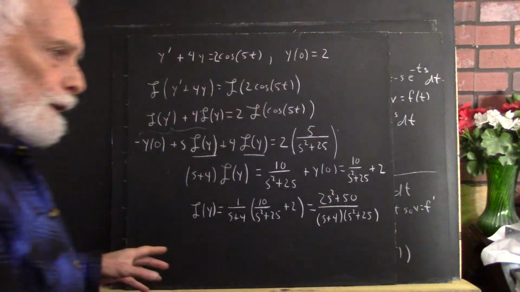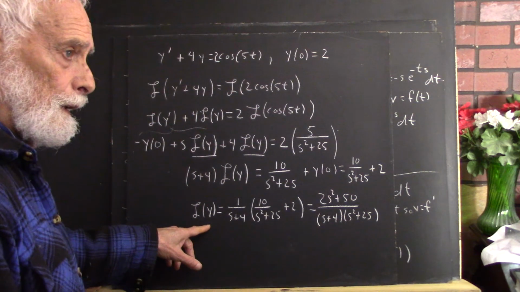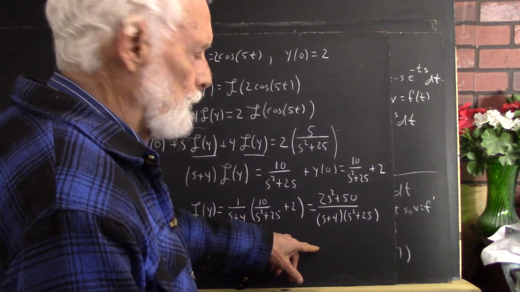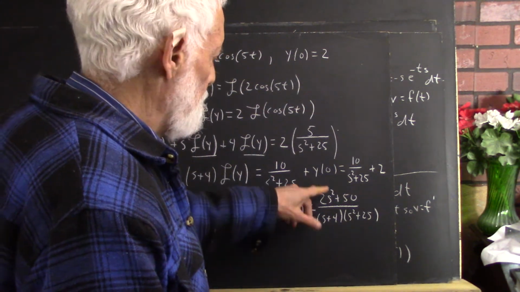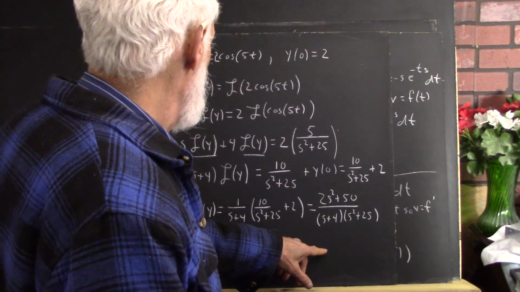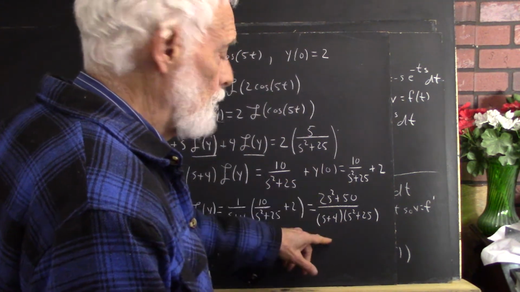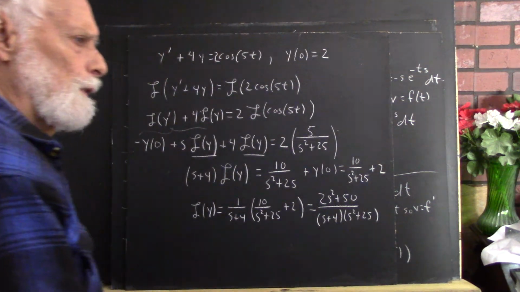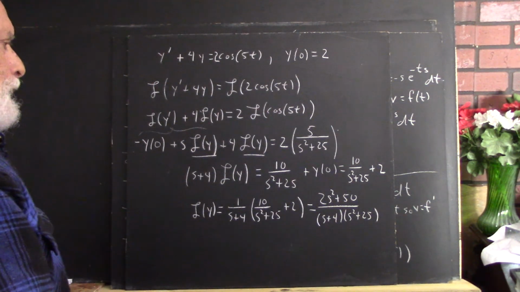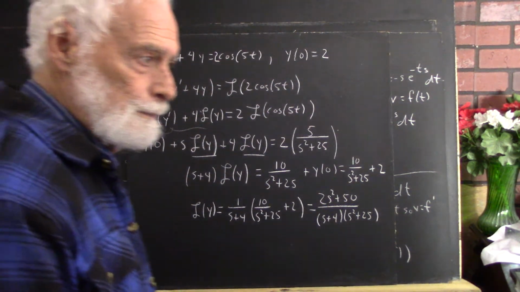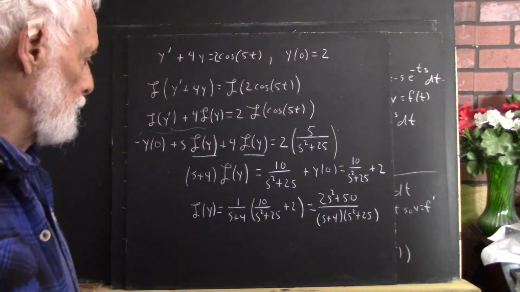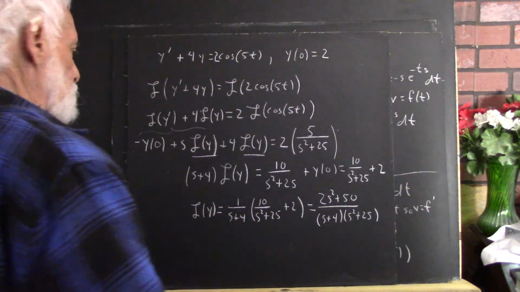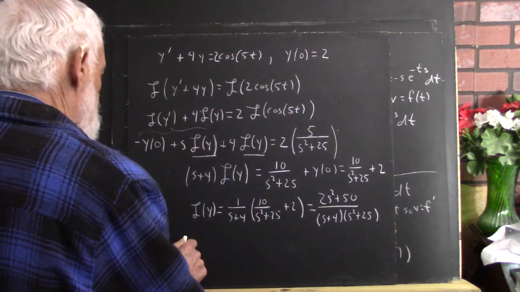What we need to do next to solve this for y is an inverse transformation. In other words, we want to find the function whose Laplace transform is 2s squared plus 50 over s plus 4 times s squared plus 25. That's going to take a little bit of algebra, and the algebra is really the toughest part of this process, assuming you have reasonable functions.